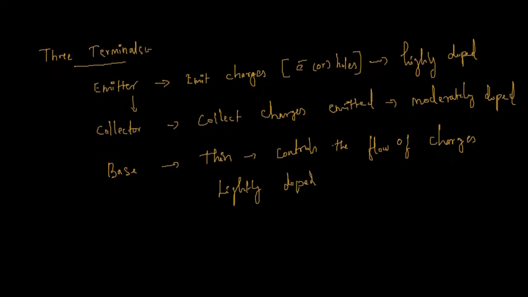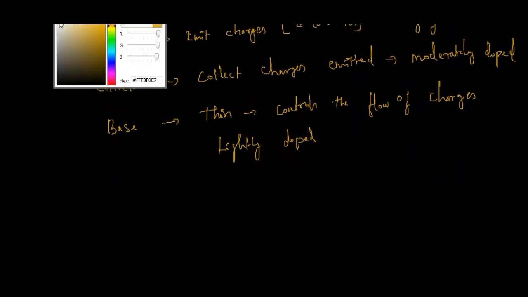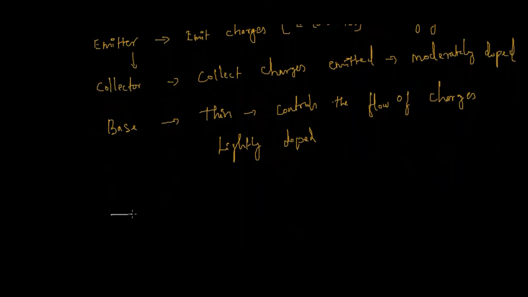So I'm just drawing here a basic figure of an NPN transistor. This is how it looks. This is the base, the emitter, and the collector. The emitter is emitting electrons.